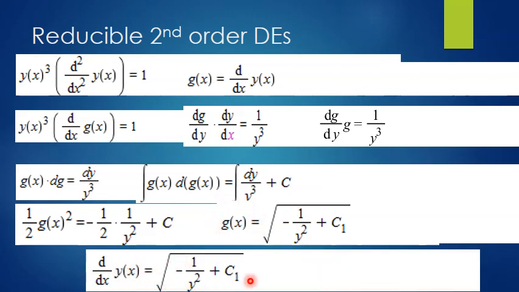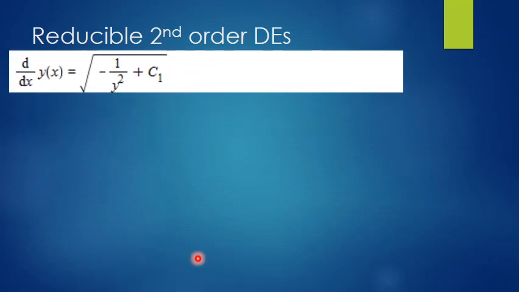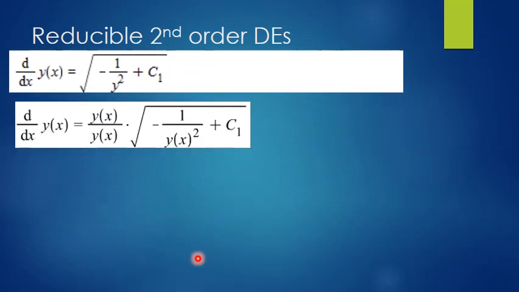And so now I have another separable differential equation. But before I separate it, I want to do a little bit of algebra that allows me to do the integral a bit quicker, let's say. Well, easier to recognize, I should say.